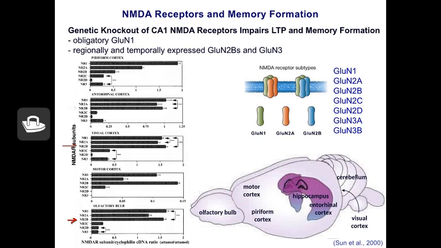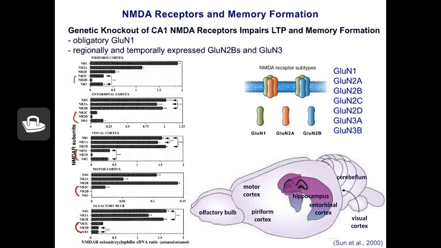And I skipped over also motor cortex, but not so much in piriform cortex. So you see some regional differences. And it turns out actually that the GluN2C, 2D, and 3 subunits are not expressed very much in the forebrain at all. You can see those numbers here in these various cortical regions and olfactory bulb.